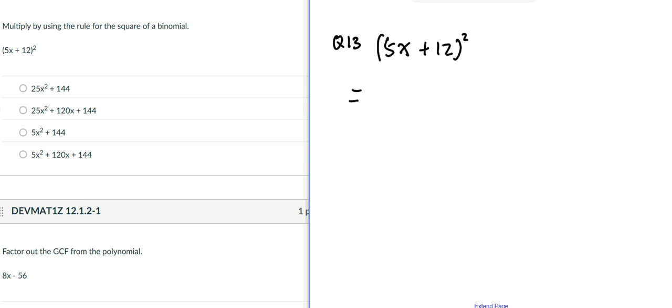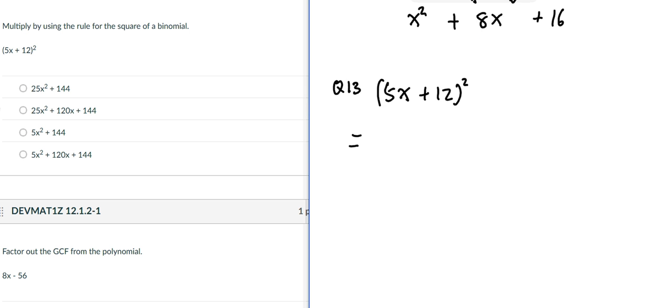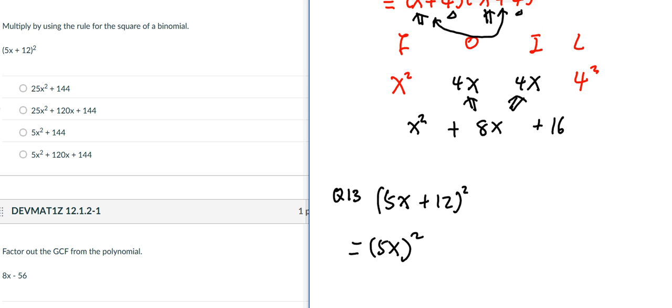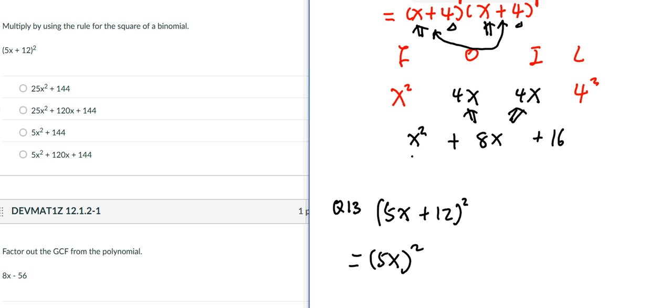Based on what we did before, that will be first term squared, right here. Then last term squared, it was 4 squared. Now you do 12 squared.